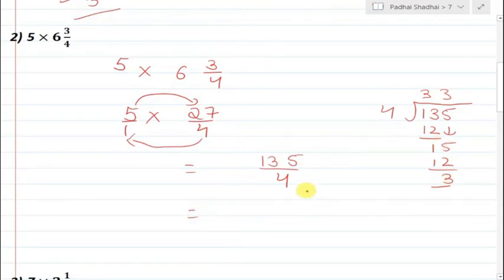So arranging it, 4 will come in the denominator, 33 will go as a whole number, and 3 will come in the numerator. So the final answer is 33 integer 3 by 4, okay.